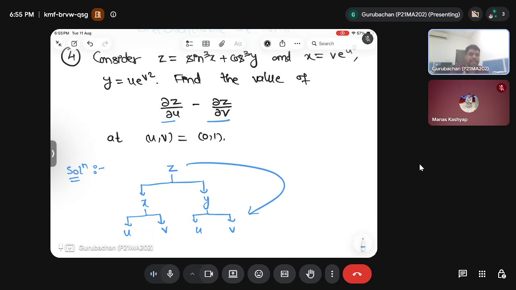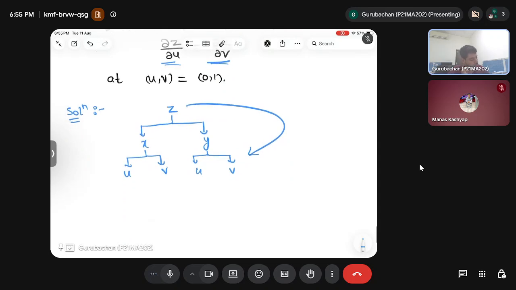So obviously z is depending ultimately on two variables, so there must be some partial derivative sense, that is del z by del u or del z by del v. Whenever you try to calculate del z by del u, as I told you, this is depending on two variables, so it can be del z by del x and del z by del y.